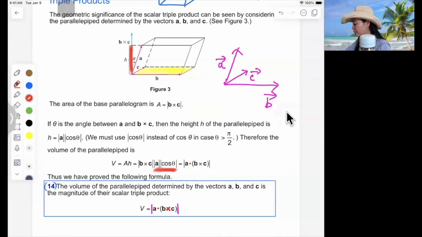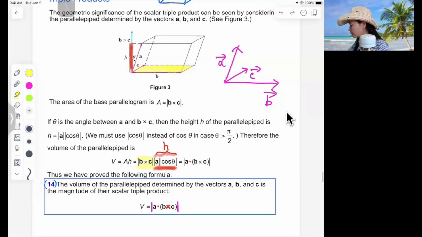That one was the H. So this is the base area, the magnitude of B cross C. Okay, this gives you the base area.